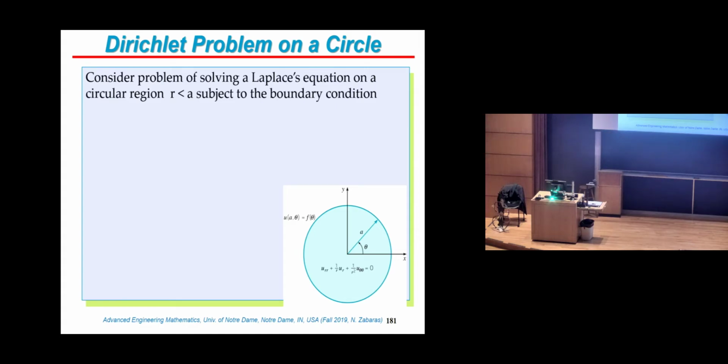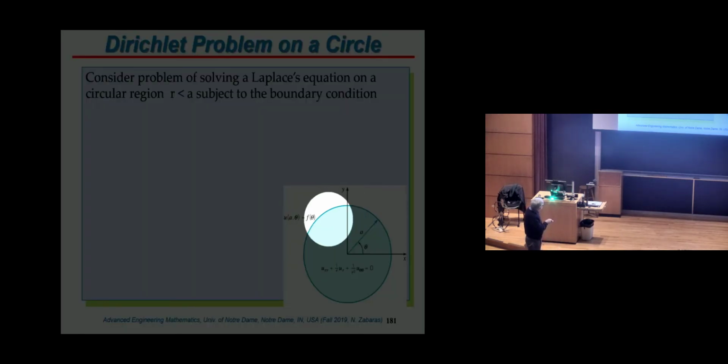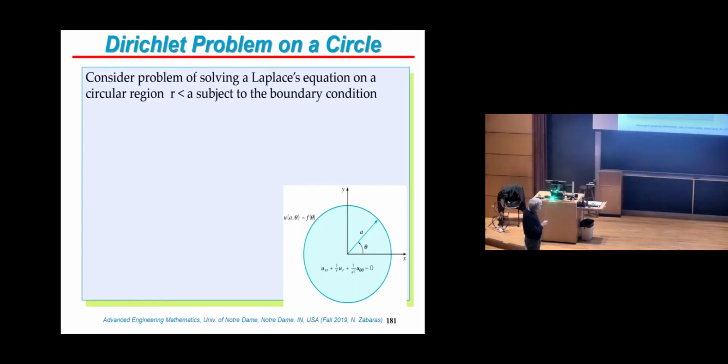I am not going to tell you what polar coordinates are; I am assuming you know. I'm assuming you can take the Laplace equation, substitute x equal r cosine theta and y equal r sine theta, do the chain rule, change the derivatives, and after some exercise, this is the equation in polar coordinates of the Laplace equation.